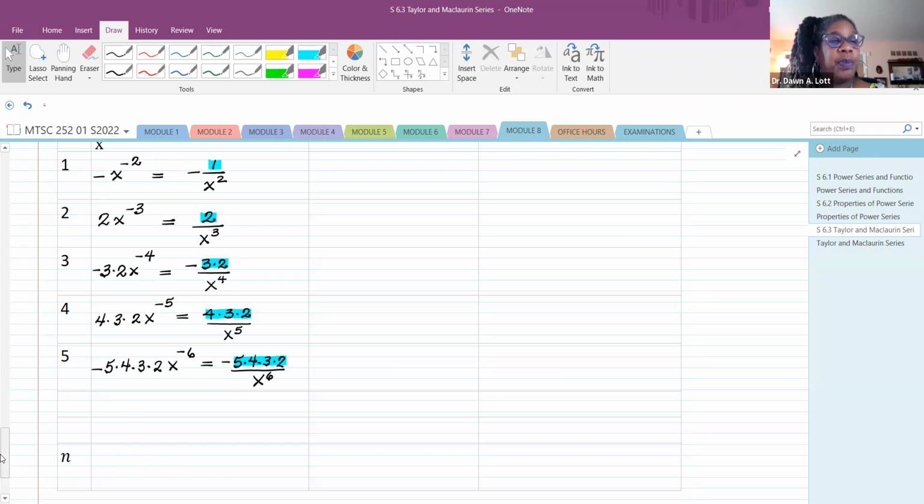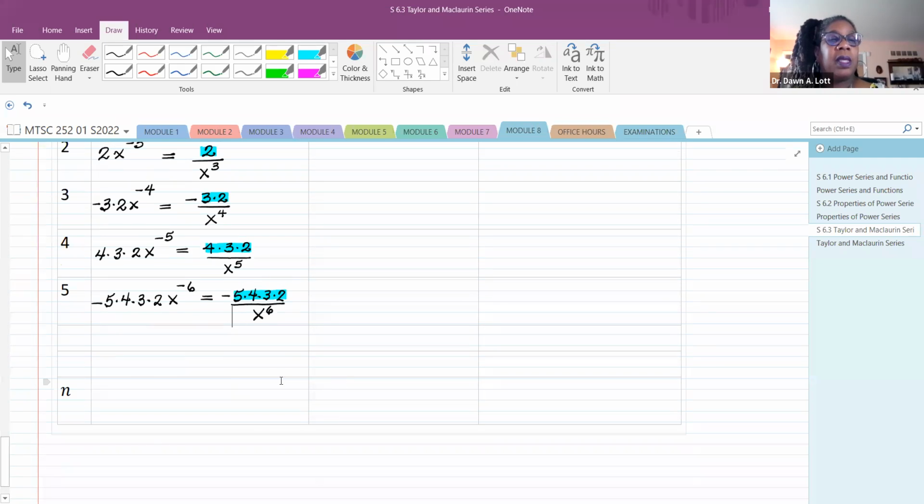Can anybody give me what they think the pattern is down here, in terms of n? Notice the factorial matches the number, but the power is 1 more. So what do you think the formula is?